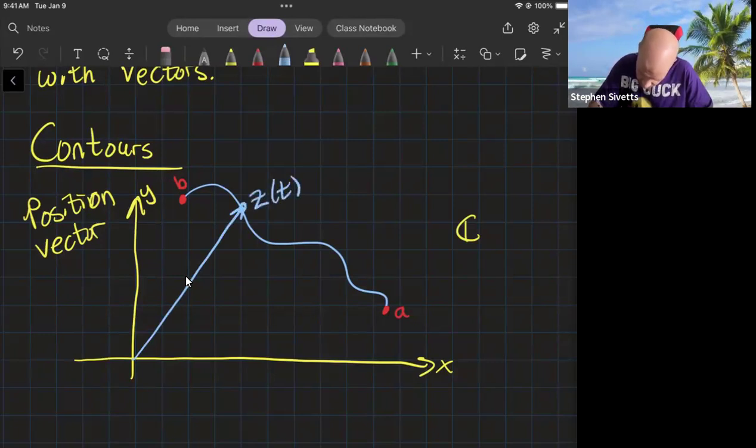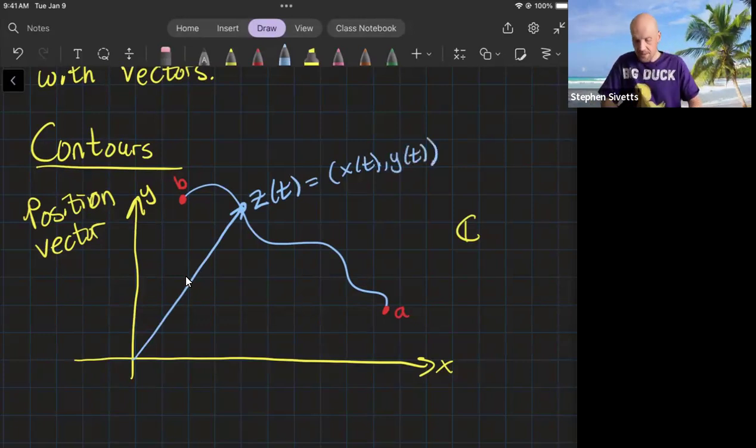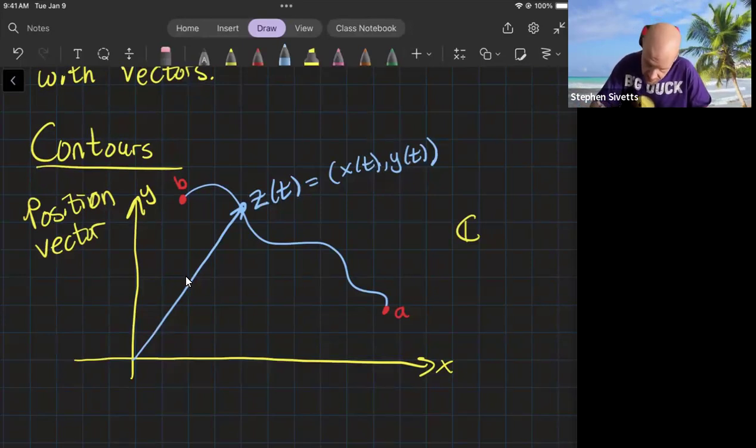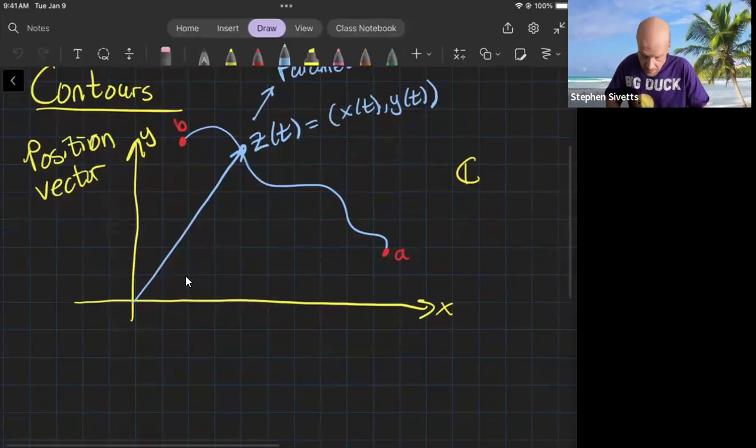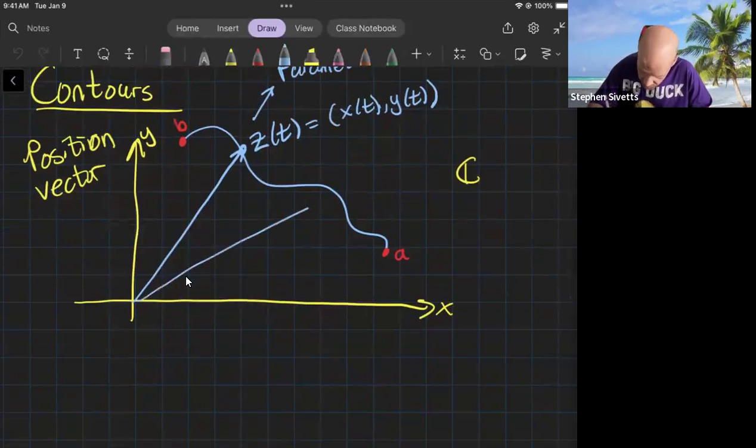And Z of t is coordinates x and y, but they are associated with a time variable, right? So Z of t, this is what's called the parameterization of the curve, right?